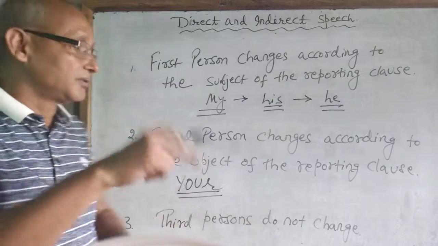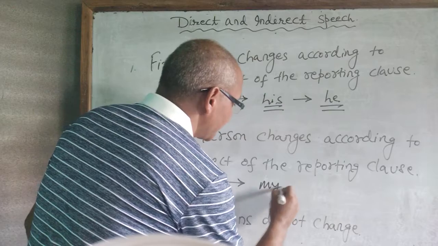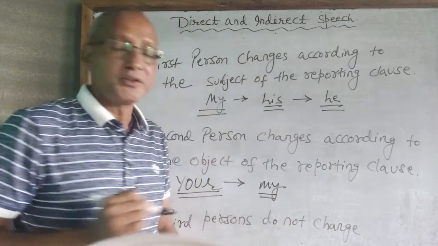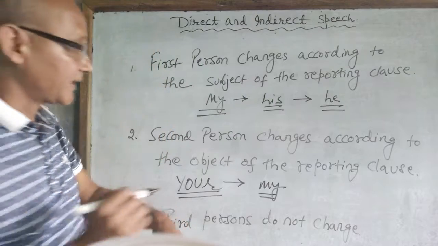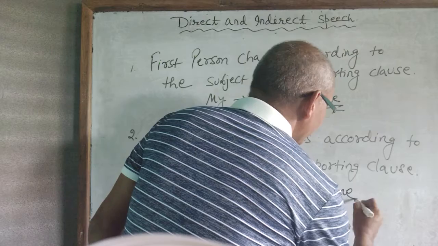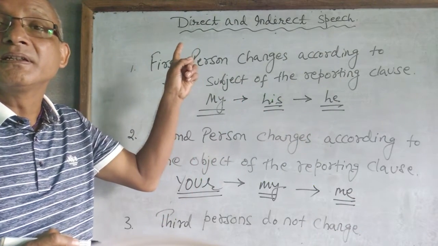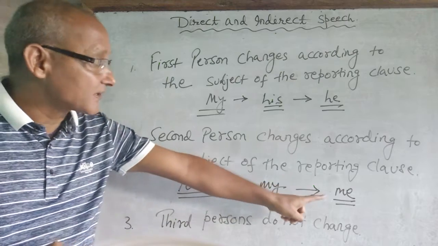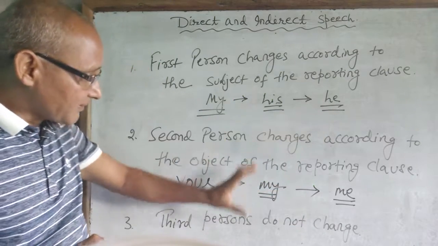It changed to my, according to the object. Me was there. He said to me, object was me. So this was the object. This is the subject. So let's be very clear.